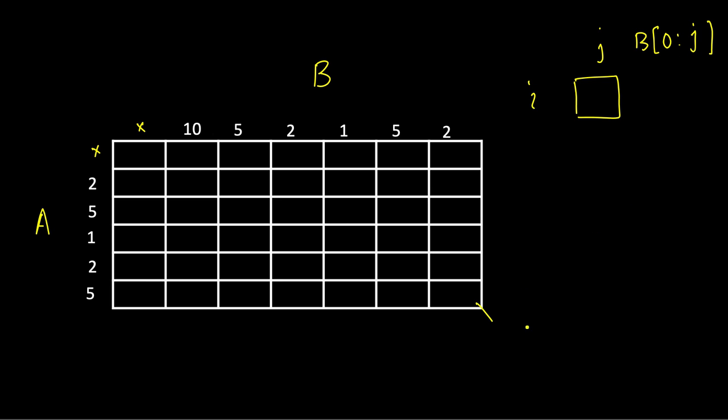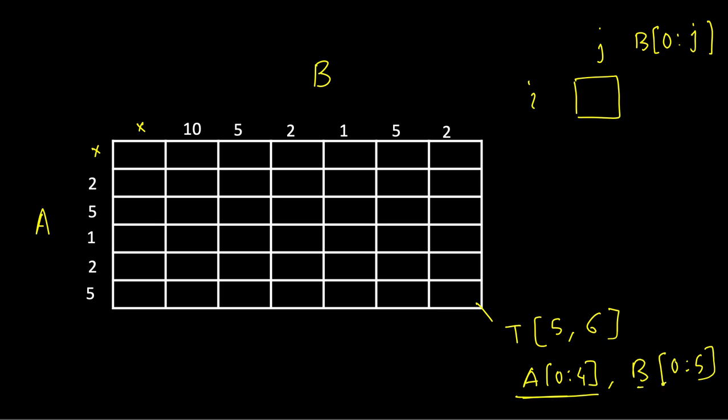So this is 5, 6. This denotes that from A you take 0 to 4, and in B you take 0 to 5. So you take the entire A and entire B. So that will be put here.